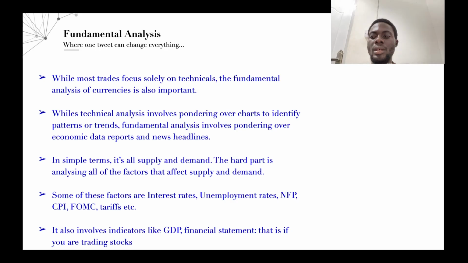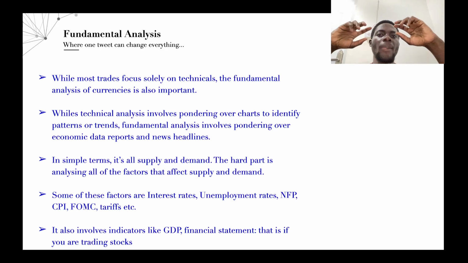So when an economic data release like FOMC is coming out, how you are going to analyze that data release and try and fit it into the role it plays concerning the market movement is what is considered the hard part. You understand?